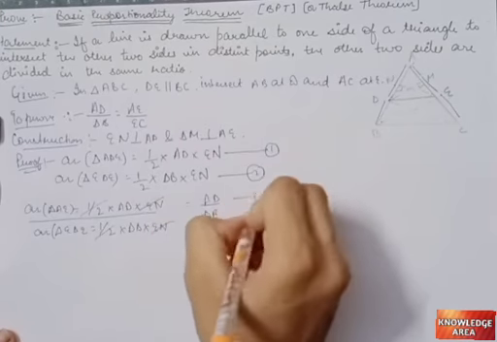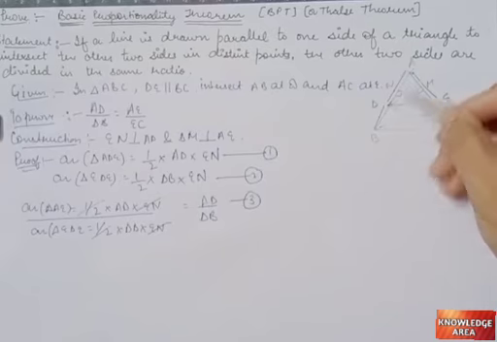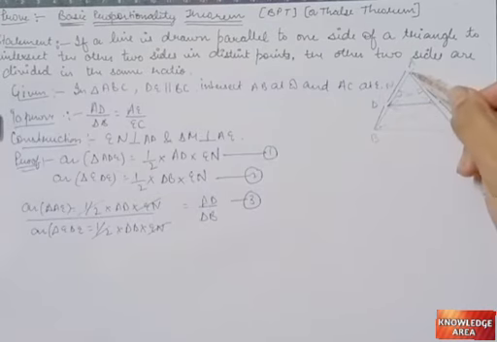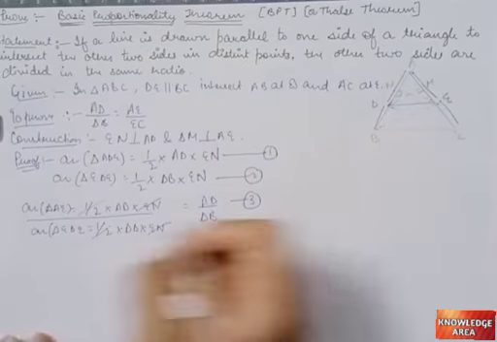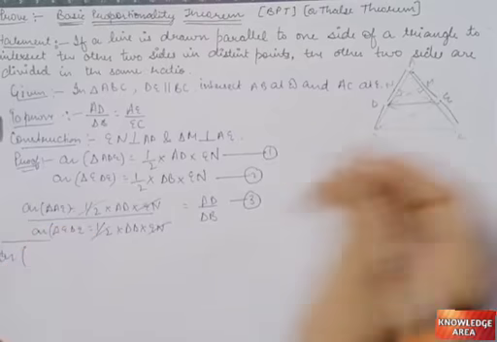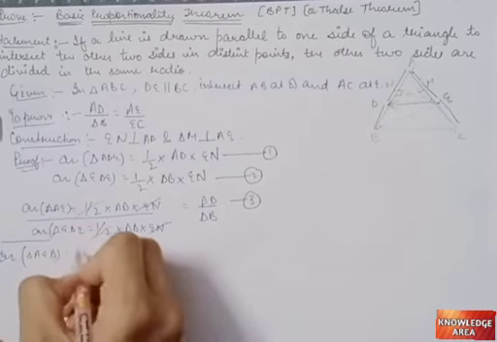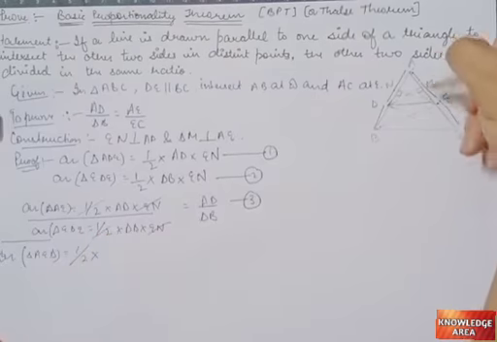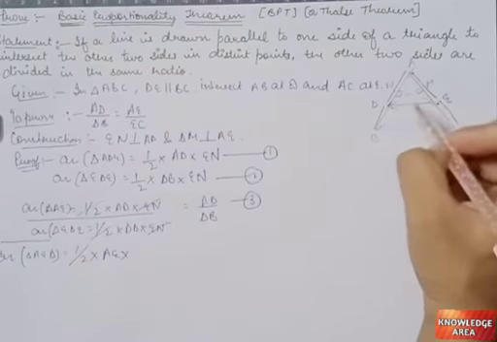Okay. So first we took ADE and ABC triangle, and now we will take AED and DEC. Now we have completed area AED. Triangle AED is equal to half into AE as base here into, now first it was EN and now it will be DM.